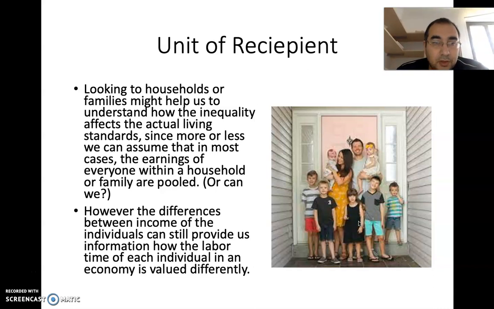So this factor, unit of recipients, also creates a difference.